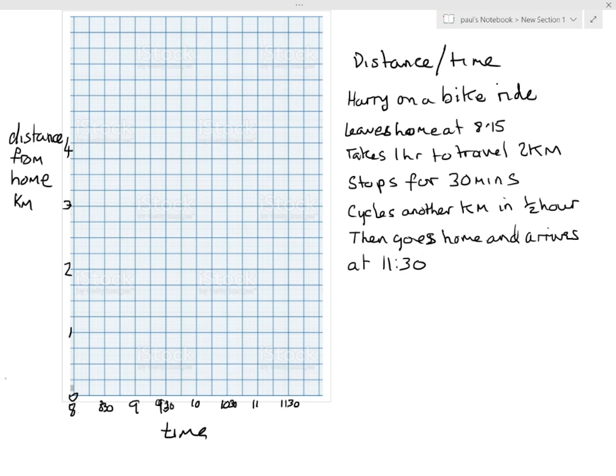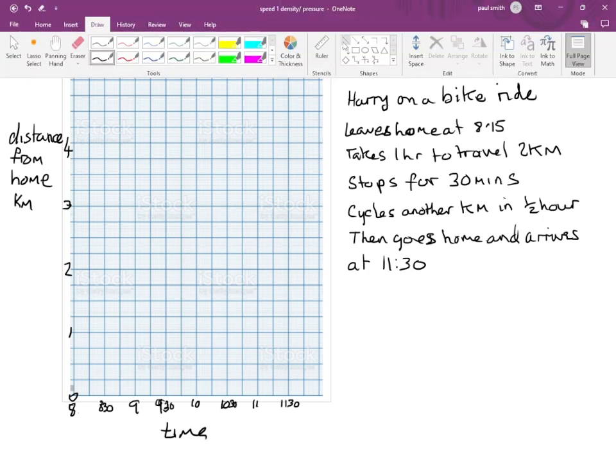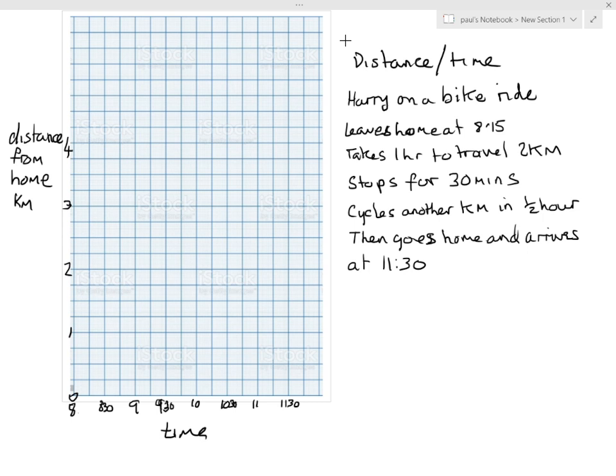Okay, so let's complete the graph. So what happens? He leaves at 8:15, and he takes 1 hour to do 2 kilometers. So there's 2 kilometers, and from 8:15 to 9:15 is there.